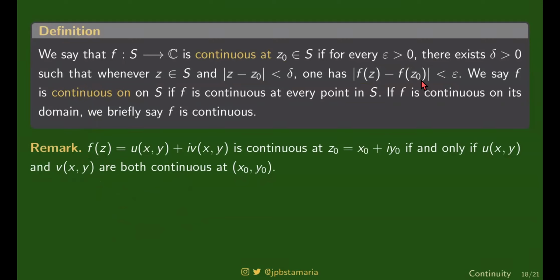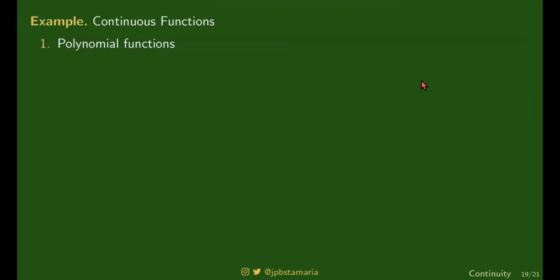Ano bang mga examples ng continuous functions? Ganun pa rin. Yung mga kinalakihan yung functions, mga polynomial functions. Ano itsura ng complex na polynomial function? Ang pinagkaiba lang naman ng complex na polynomial functions are the coefficients, no? This time, the coefficients are allowed to be complex, no? Yung mga a sub n dito could be anything in the complex plane, no?